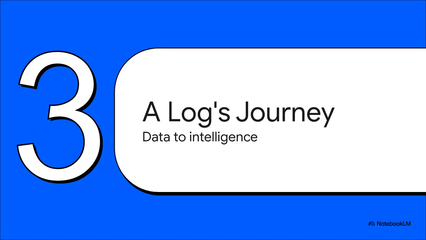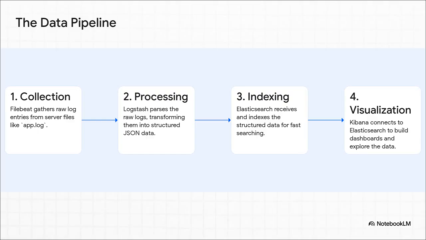Okay, so we have all these different parts, but how do they actually play together? The best way to really get it is to follow a single log entry on its journey, tracing its path from just a raw line of text to a piece of truly actionable intelligence. So here's that journey, broken down into 4 steps. It kicks off with collection, where Filebeat just grabs a raw, meaningless line of text. Then comes processing.